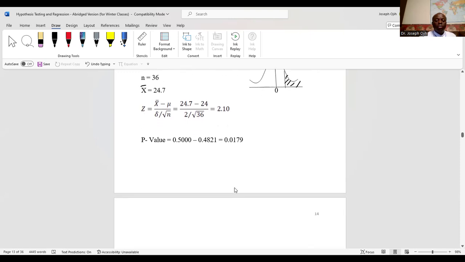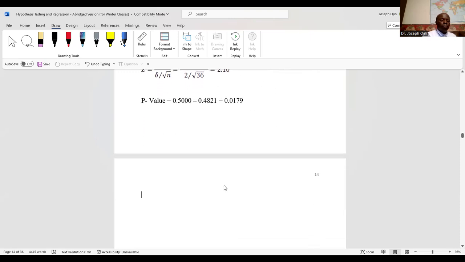It is now time to make a decision. Okay, decision. Alpha is 0.05, then our p-value equals 0.0179. Now, let's see how to make this decision.